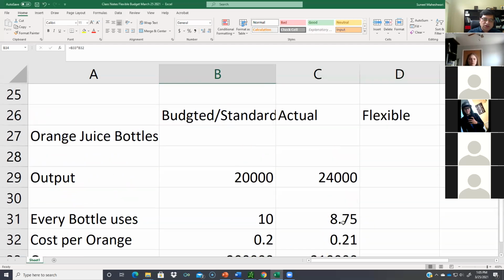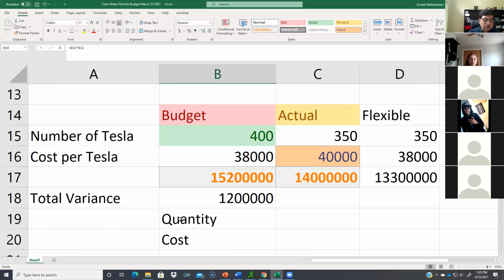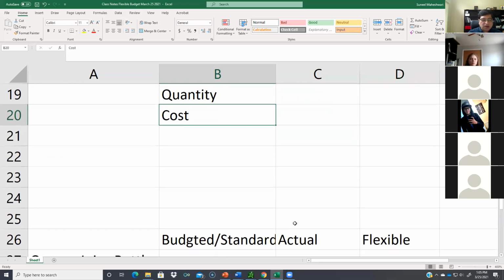And we also know that the variance is due to the two reasons, quantity and price or cost. In this case, I will be using the word price, but that is price of buying the orange, more in that terms. I know that price means selling price.